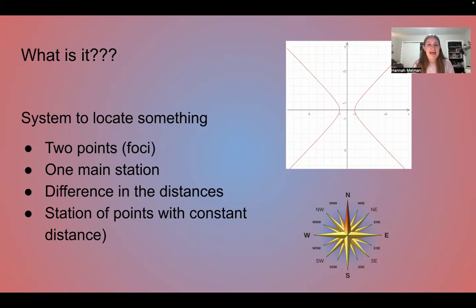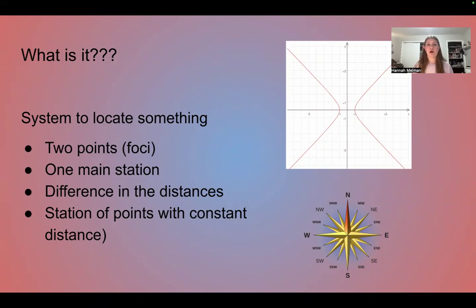So basically, it's a system which creates these hyperbolic lines by measuring the difference in distance between two radio signals from radio transmitters. In math class, we learned that these two points are foci, but in real life, they're these radio signal transmitters or dispatchers.